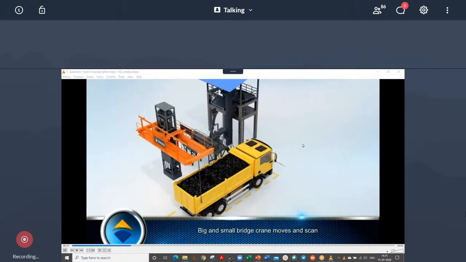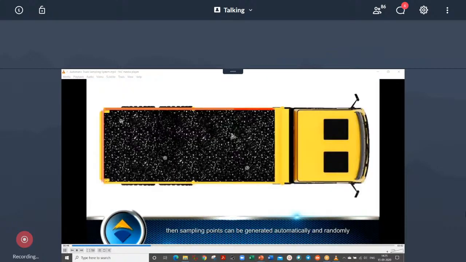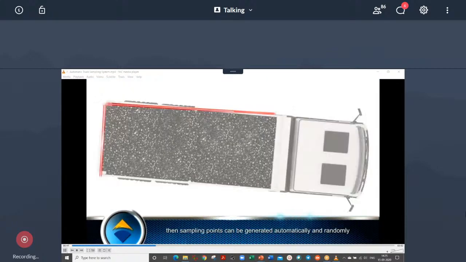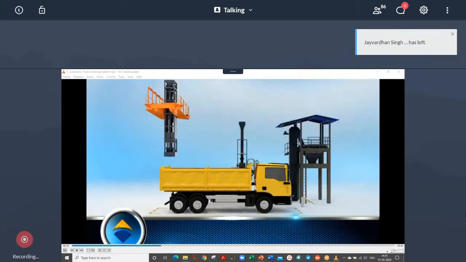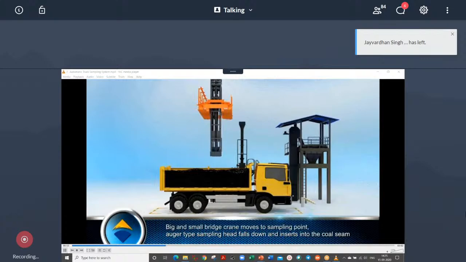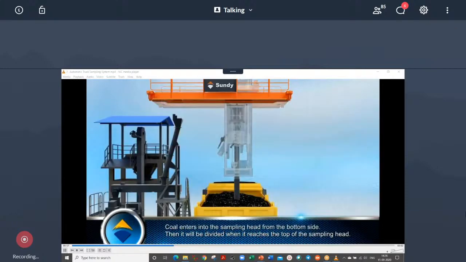See how it is measuring the whole system, whole area, other things, then finding the points of sampling. Yeah, here. Then it makes the points of sampling, and then it samples. Big and small bridge move, train moves, it takes the samples up.